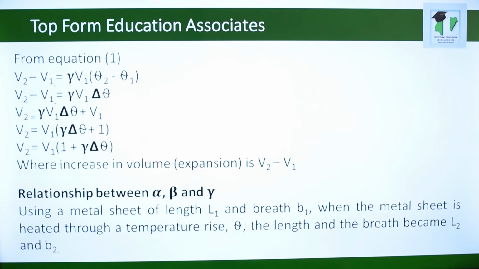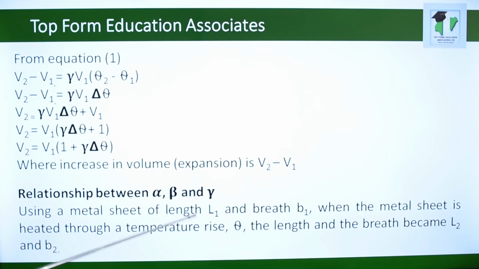Now I want to see how linear expansivity, area expansivity and volume expansivity are related. So we have a relationship between alpha, beta, and gamma, and how they are related.